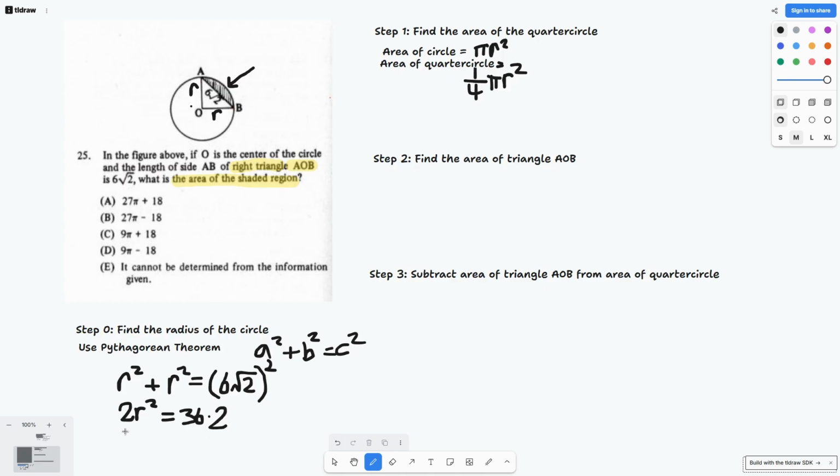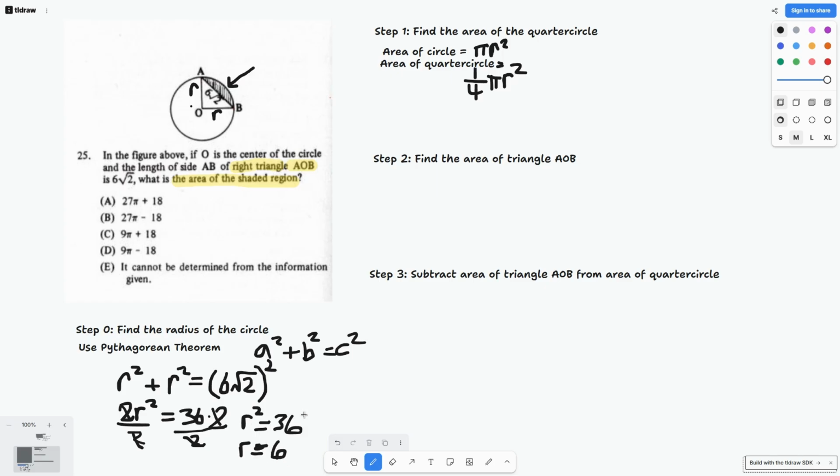And then by dividing both sides by 2, you cancel. And cancel. We get r squared is equal to 36. Or that r is equal to 6.